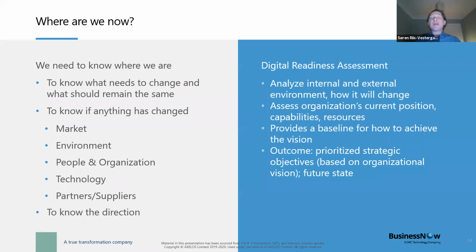And one recommendation is to conduct a digital readiness assessment, where we analyze our environment, our current position, capabilities, and resources regarding digital transformation, to provide a baseline for how to achieve the digital vision. So we have prioritized strategic objectives, and we have a description of our future state. And with that, we can assemble that.